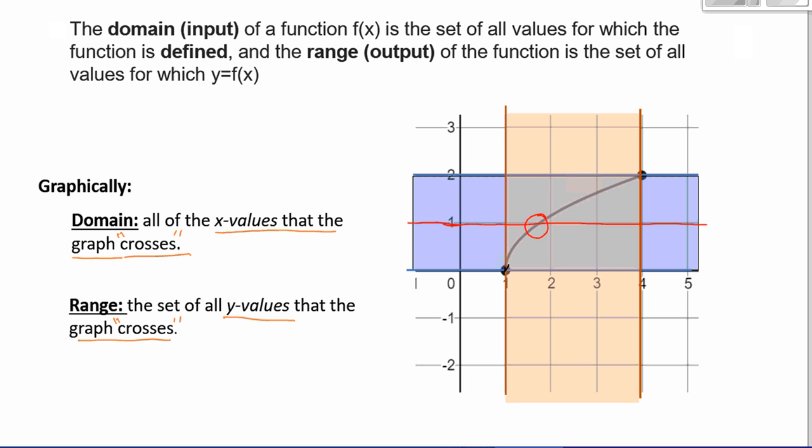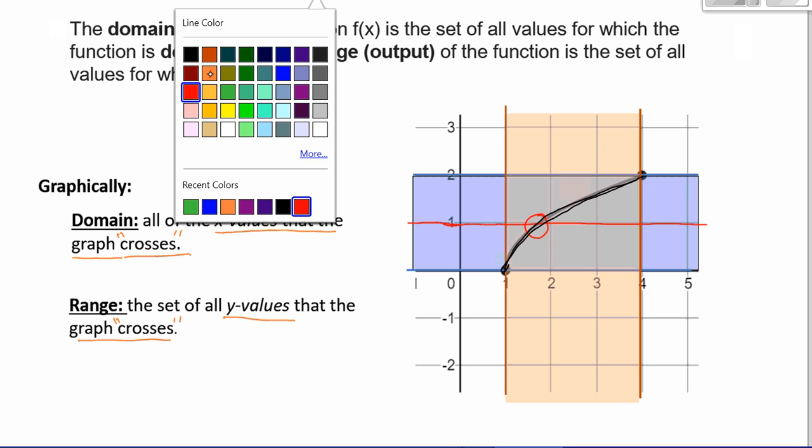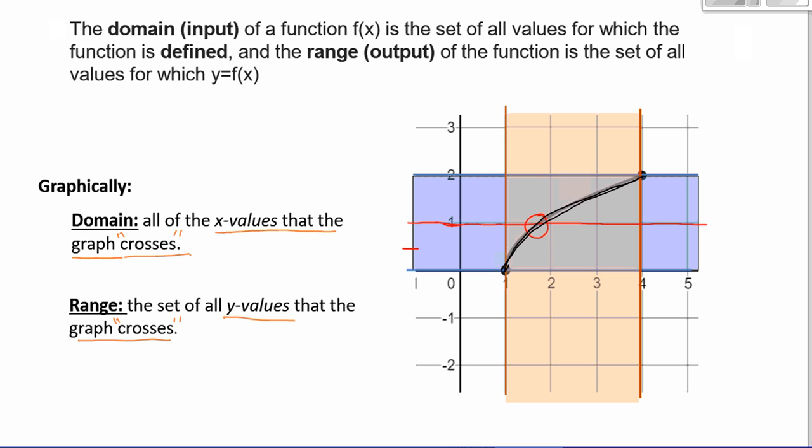Right, here's my graph again. Crosses right there. Okay, let's say we draw a line at 0.5. Does it cross? Yep, right there. How about at 0.25? Yep, right there. So everything in between these two blue lines are part of the range.